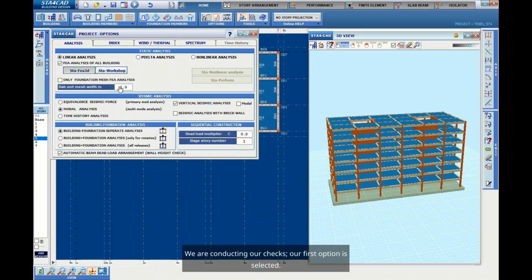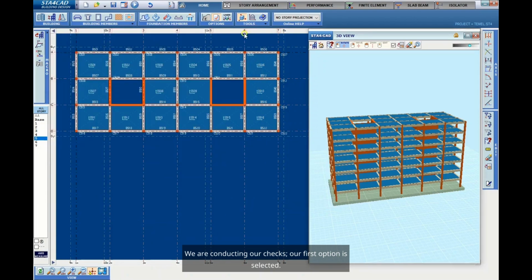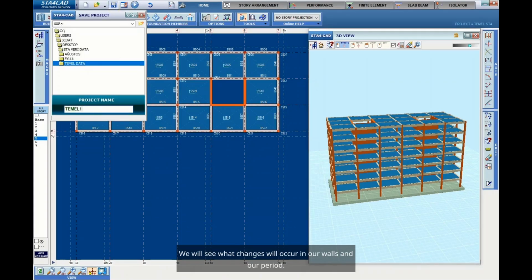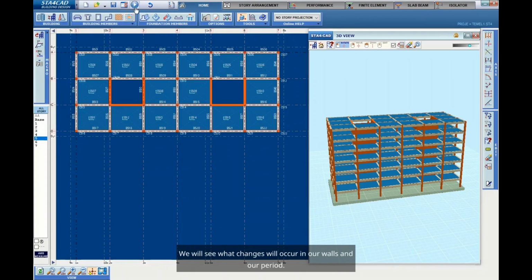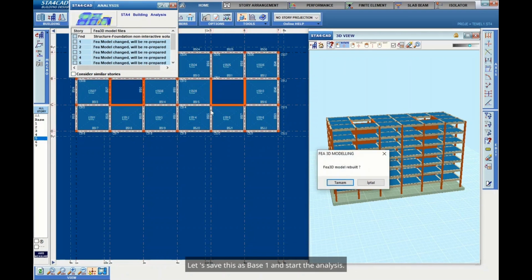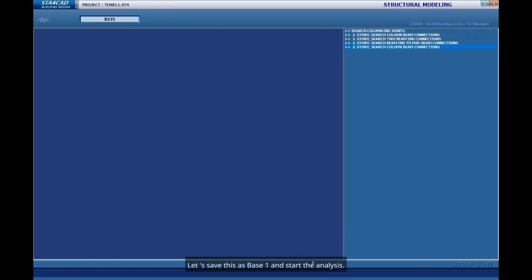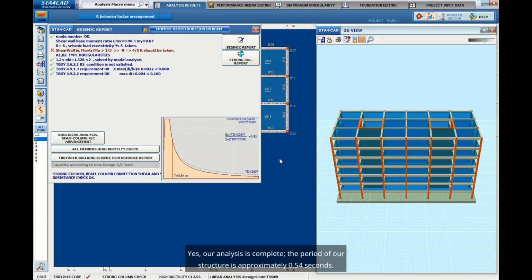We are conducting our checks. Our first option is selected. We will see what changes will occur in our walls and our period. Let's save this as base 1 and start the analysis. Yes, our analysis is complete.